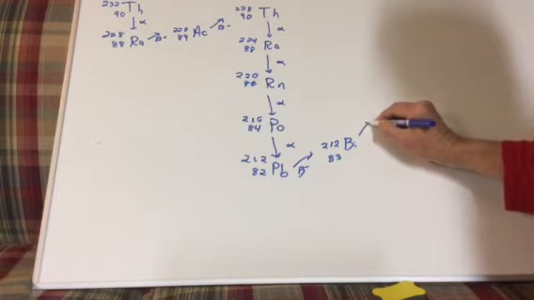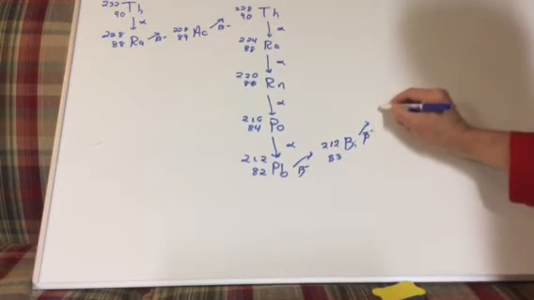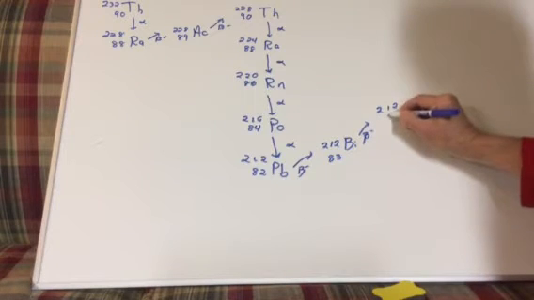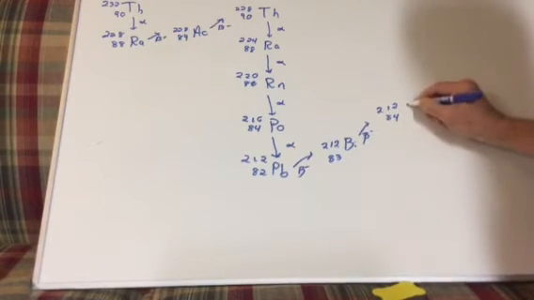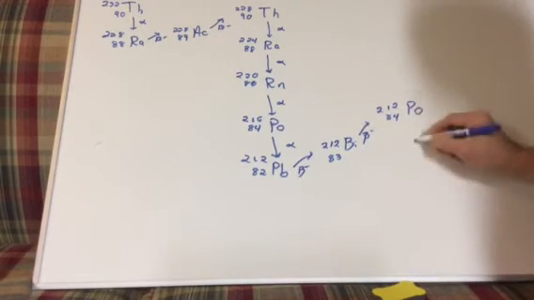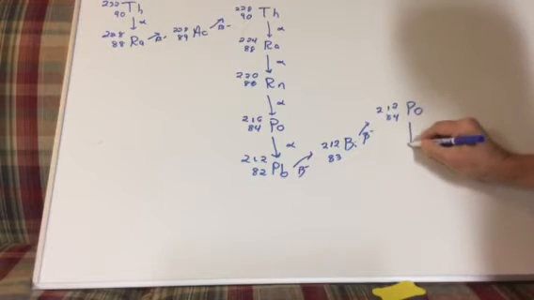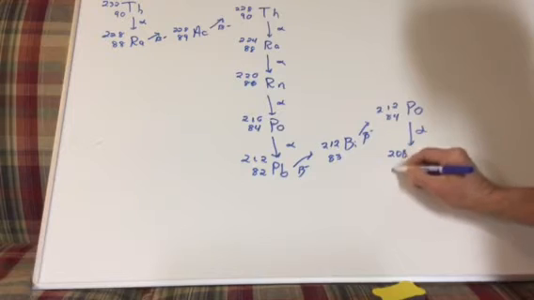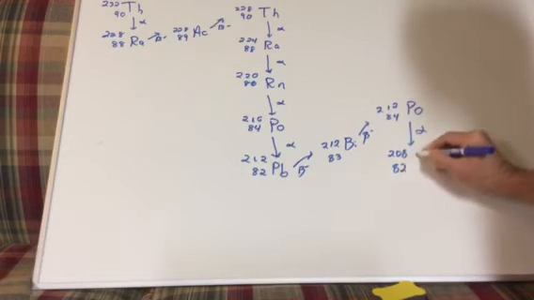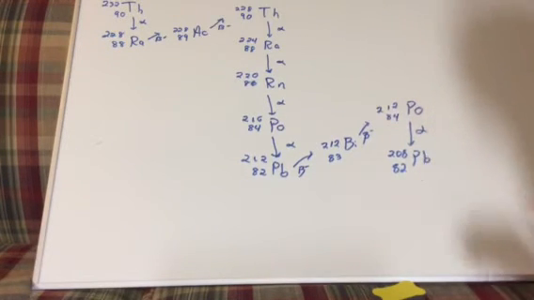Then bismuth also goes through a beta breakdown, which gives us 212, and now we're back up to 84, so we're back to polonium once again. Then polonium goes through an alpha breakdown, so now you're at 208 and back to 82, which we just said is lead, but now we have a stable nucleus. This is the breakdown as we see it occurring in nature.